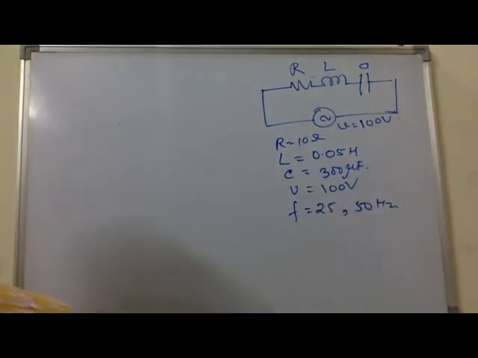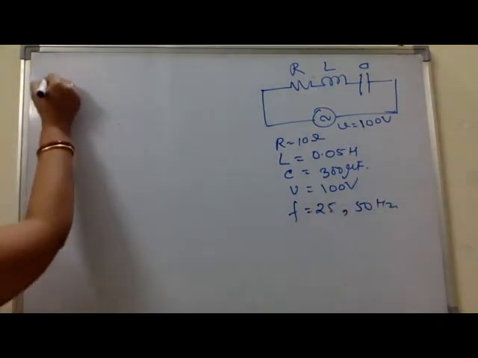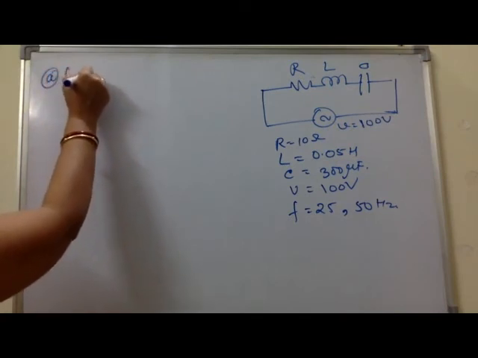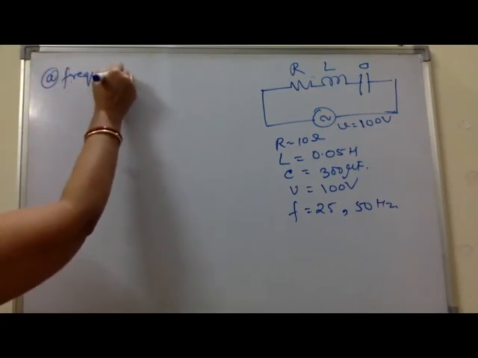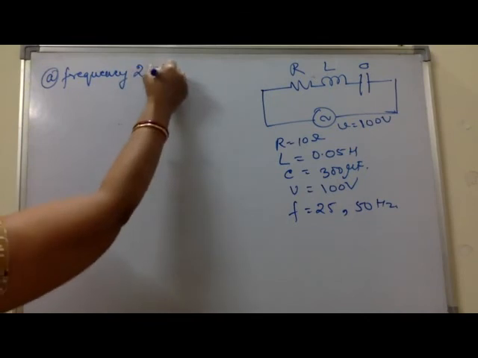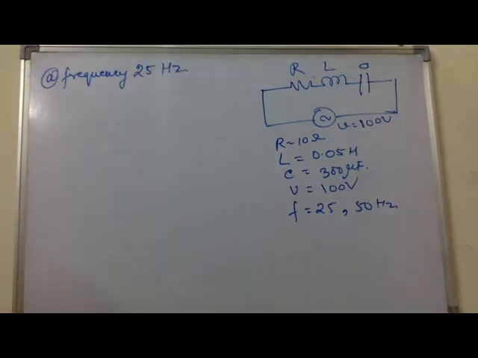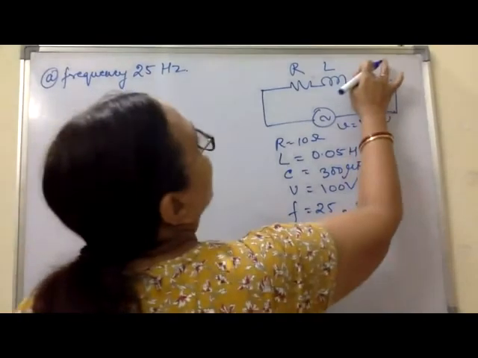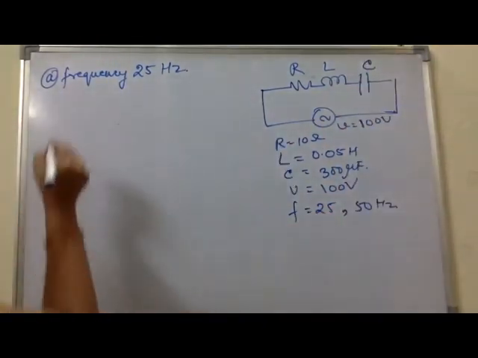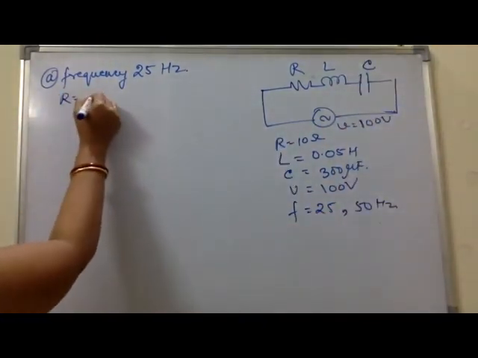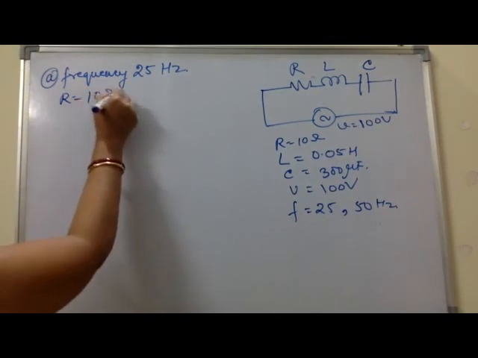So the first part will be performed when the frequency is 25 hertz. To find out the behavior of the circuit at 25 hertz, the remaining parameters remain the same, only the frequency has changed, and we have to see the behavior of the given circuit. So R will be the same, that is 10 ohms.